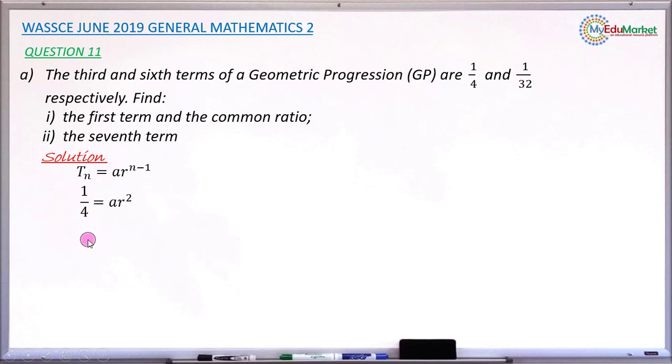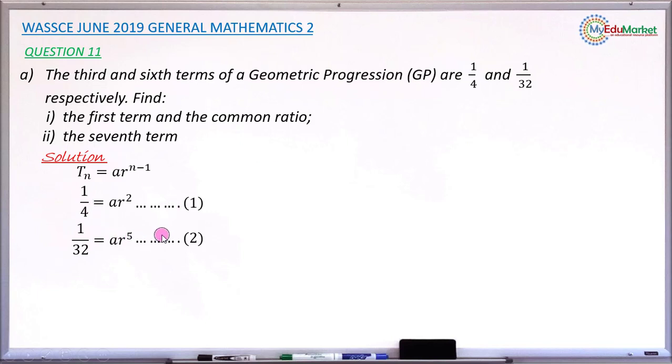So you now have 1/32 equals ar raised to the power of 5. I'll call these equation 1 and equation 2. It is these two equations that I'm going to solve to find a and r. The simple way is to divide equation 2 by equation 1.